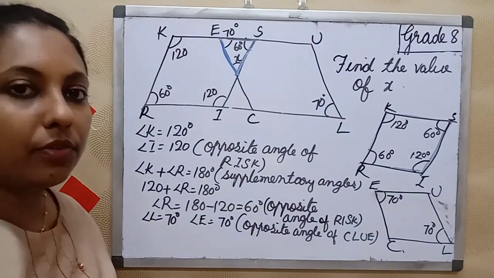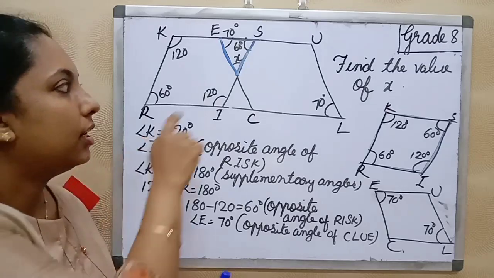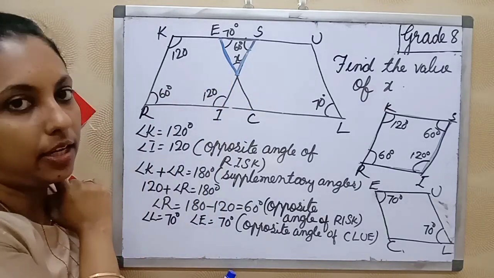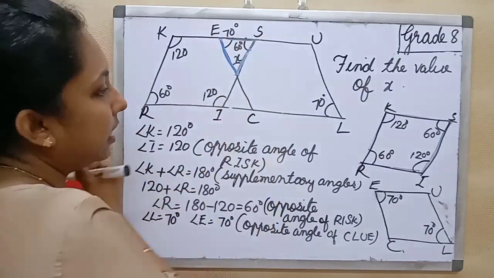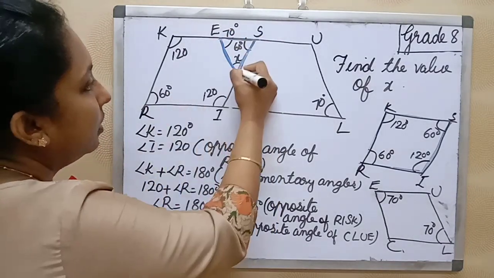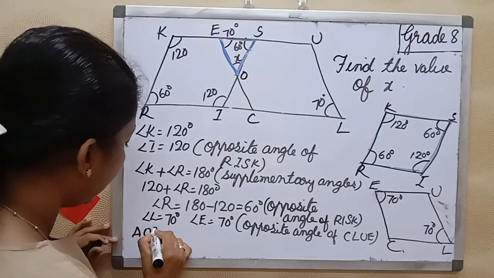Now we can easily find angle X. How can we use the angle sum property? We consider this triangle, triangle OSE.